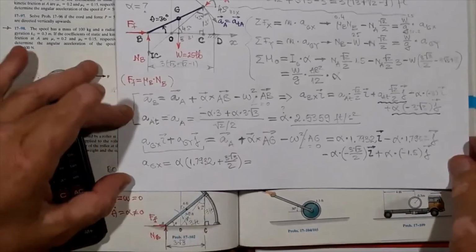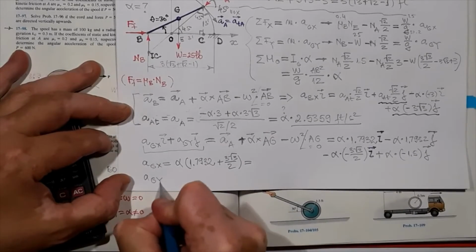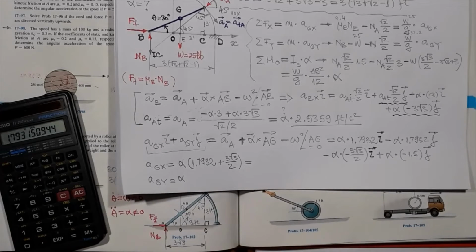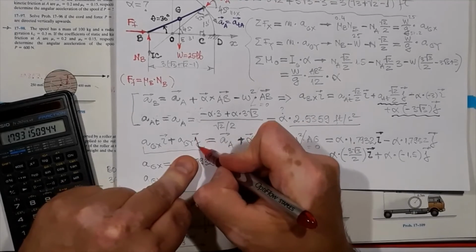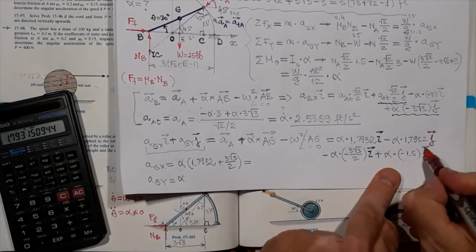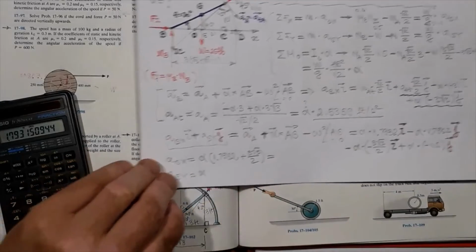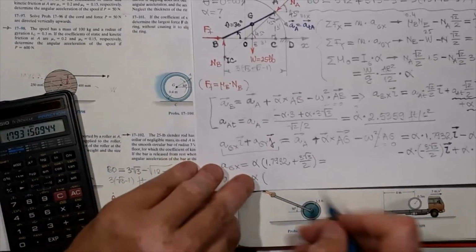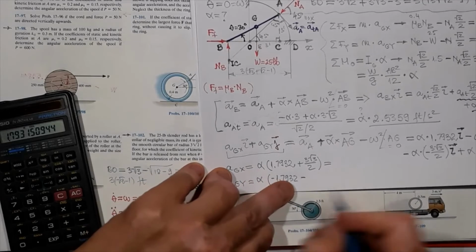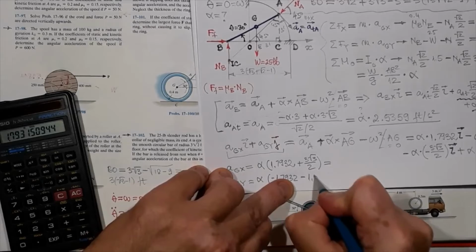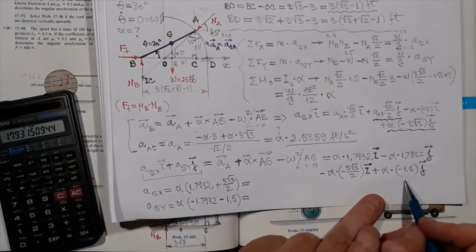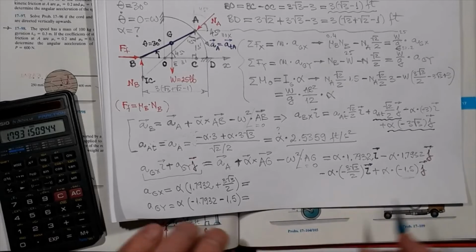And then the acceleration of the center of mass in the y direction, it's going to take the j. So there's one here, and there's another one here. So alpha comes in front, and it's negative 1.7932, and then negative 1.5. So this one and this one, so it'll be a negative value.